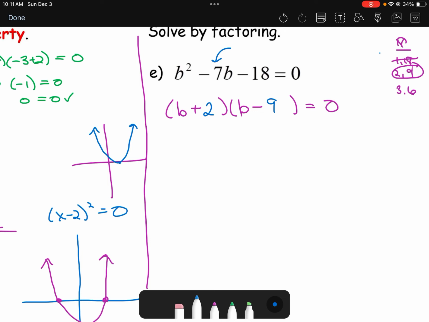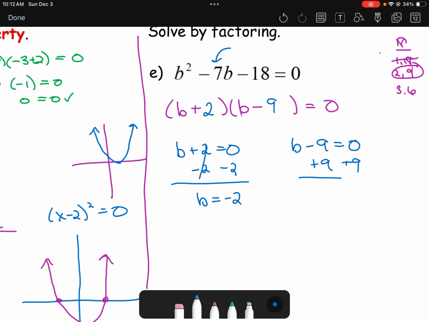Now that we have it factored correctly, I'm going to solve it. This is what we just learned with the zero product property. I'm going to set each of those parentheses equal to 0 and solve. One thing you can notice is that if it's a one-step equation, b plus 2, your answer is negative 2.